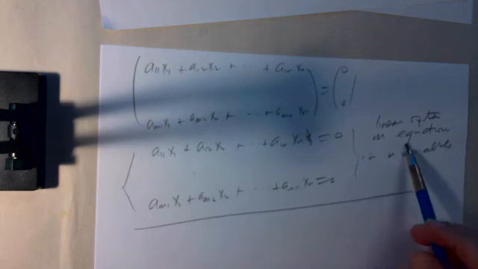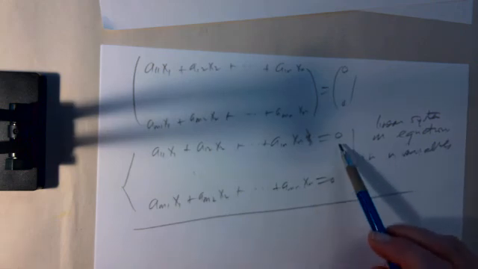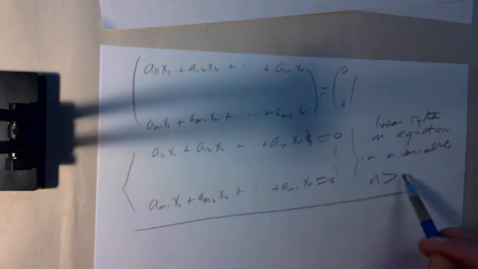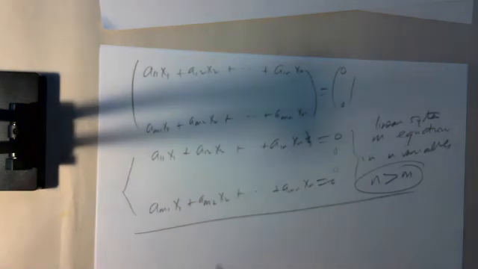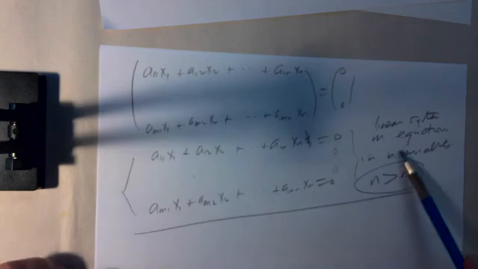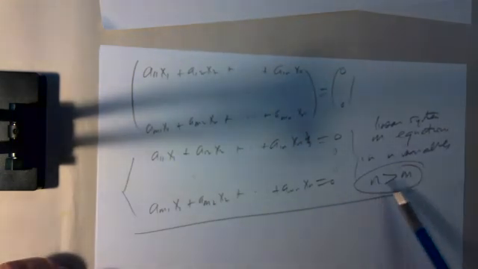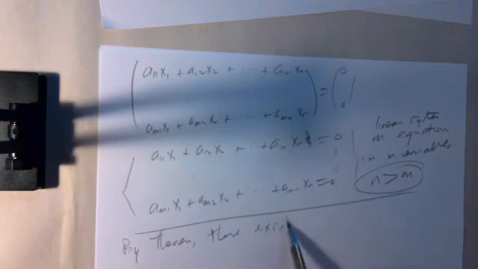If you have m homogeneous linear equations in n variables, that means all the right-hand sides are 0, and n is bigger than m, more variables than equations, then by the theorem there exist scalars x1 up to xn, not all 0, that solve these equations.